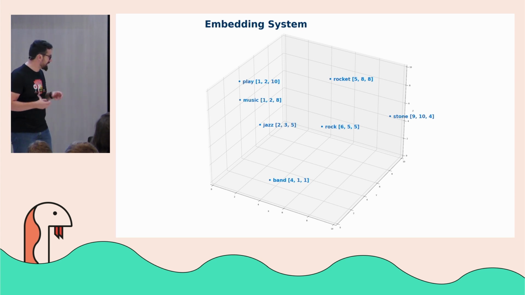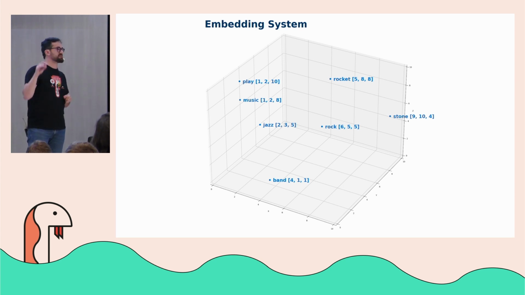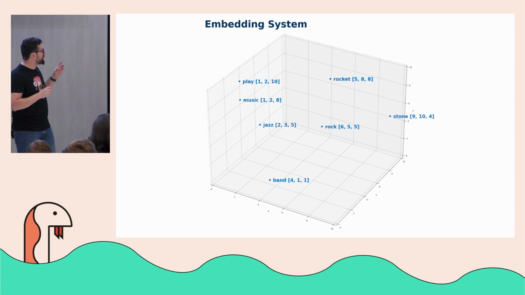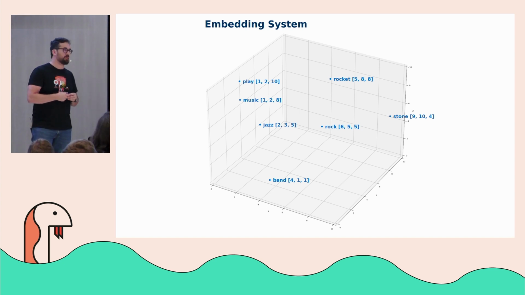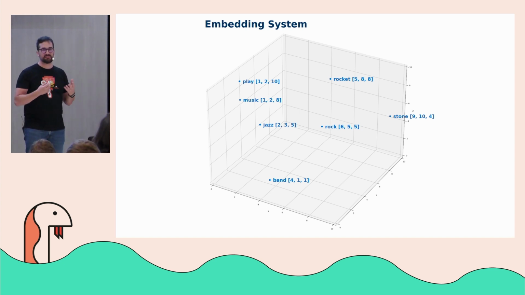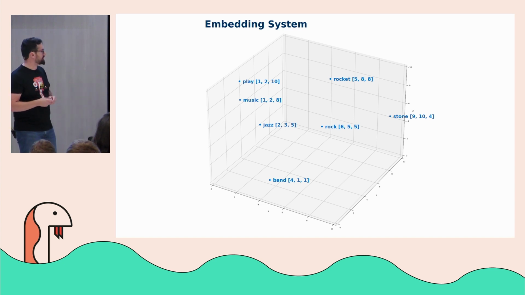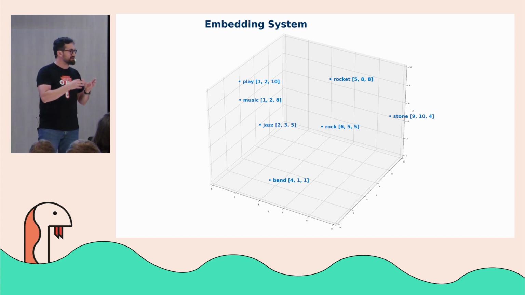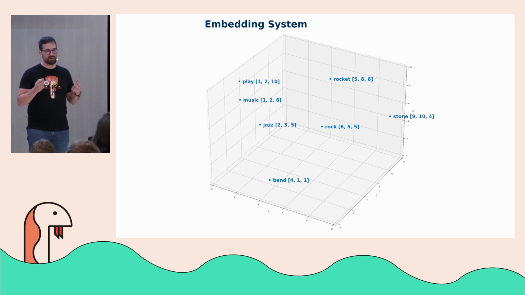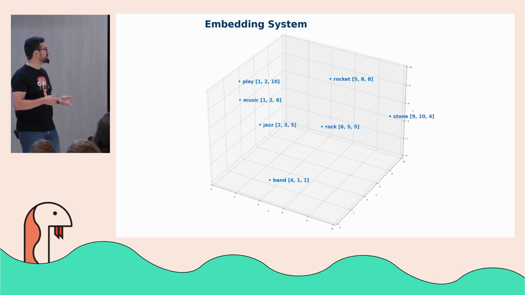In this case, we can have in the space different words converted to vectors, and they can be close to each other or very far. And based on some way to measure this distance, we can decide that these vectors are closer or not.